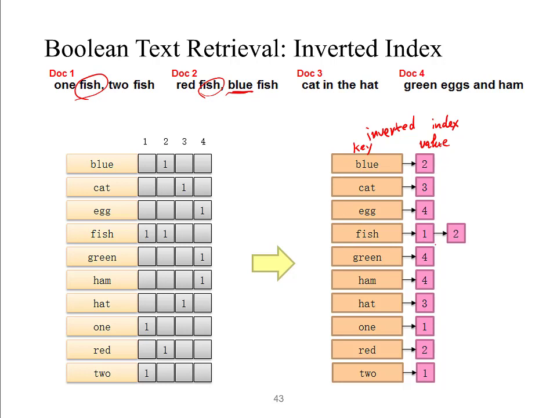And for fish, there are 2 elements in the list, which are 1 and 2. The elements here are the document IDs, from 1 to 4. So this is what an inverted index looks like.